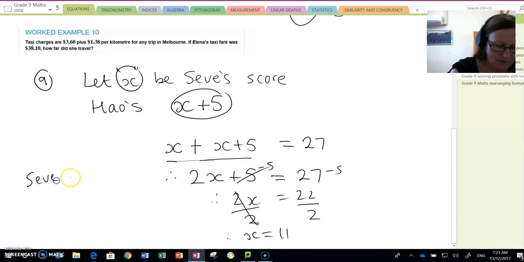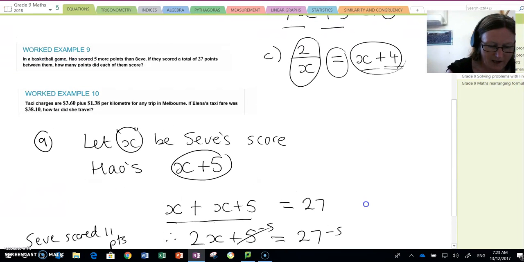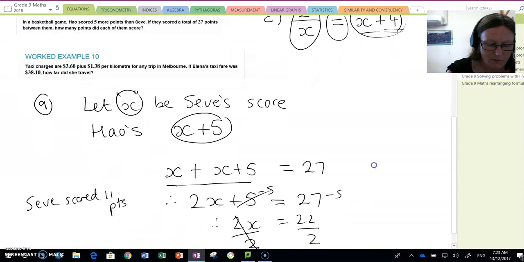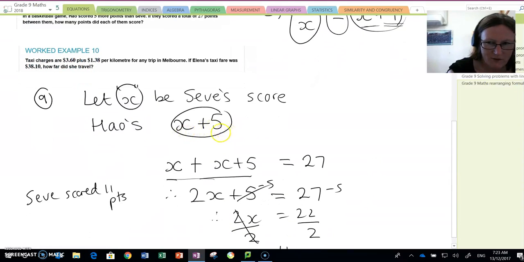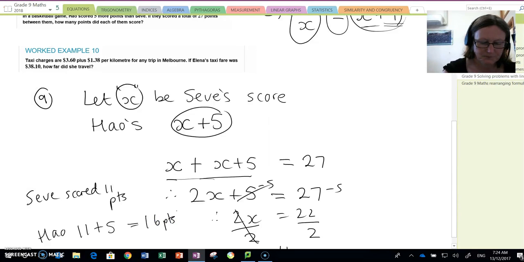So Sev scored 11 points, and Hal scored 11 plus 5 more. So Hal is 11 plus 5, so Hal scored 16 points.